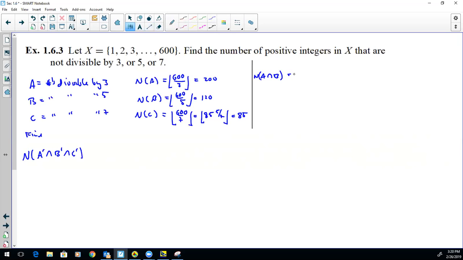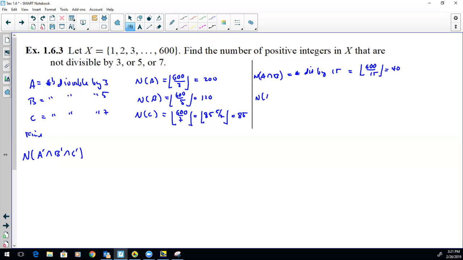This would be the numbers that are divisible by 3 times 5, or 15. And that's going to be 600 over 15, which is 40. I don't have to round down, but what we're really doing is asking how many times does 15 go into 600 evenly, and throwing the remainder away.